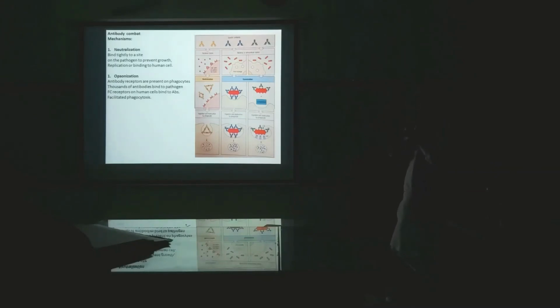One is neutralization, where the antibody is going to bind tightly to a site on the pathogen to prevent growth, replication, or binding to the human cell. So that particular pathogen is not going to bind directly to the human cell because it's already bound with the antibody.